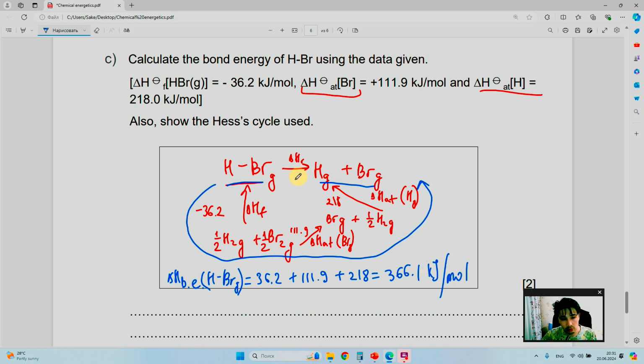As you remember, bond enthalpies are enthalpy changes when 1 mole of bonds are broken, and bond breaking is an endothermic process and the enthalpy change is positive. You see that, and it means that you did it right. There is nothing to worry about and you can go further.